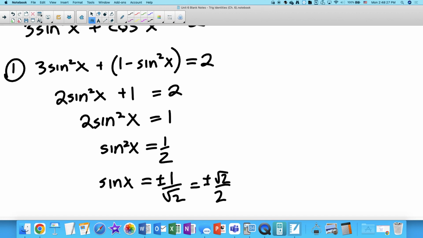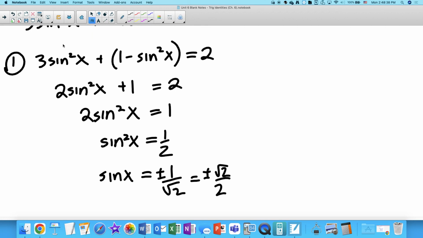Yeah, sub for the sine squared x. Now, when we do that, we will have to multiply whatever we sub in by 3, but we could totally do that, right? So we could go 3 times 1 minus cos squared x, and then plus cos squared x equals 2.